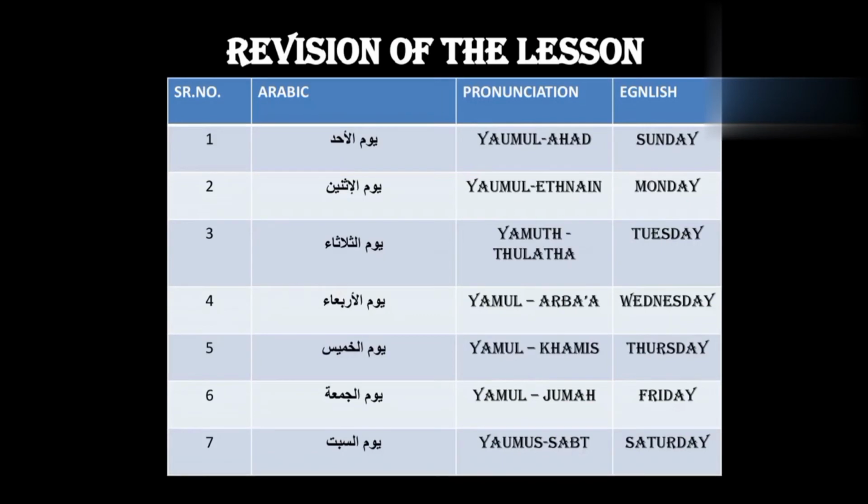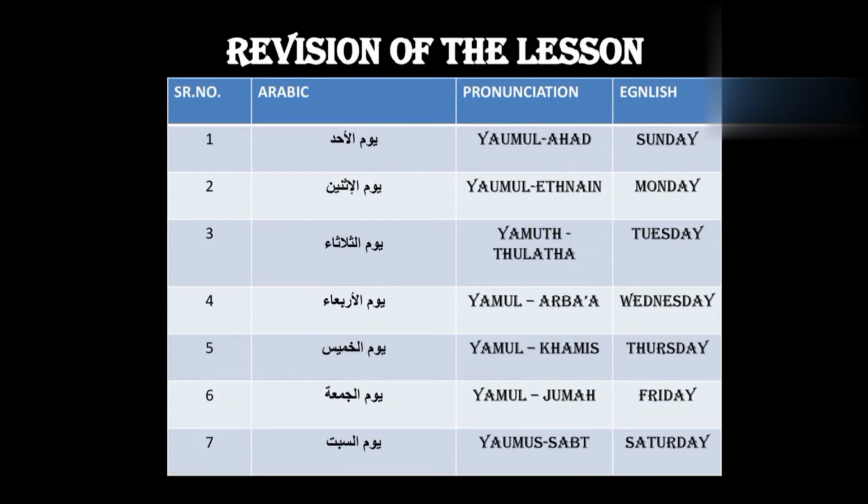So now revise the lesson and repeat the words. Yamul-Ahad means Sunday. Yamul-Ethnain means Monday. Yamuth-Thulutha means Tuesday.